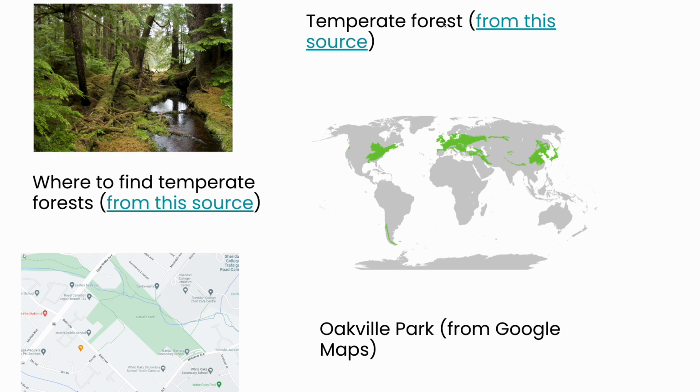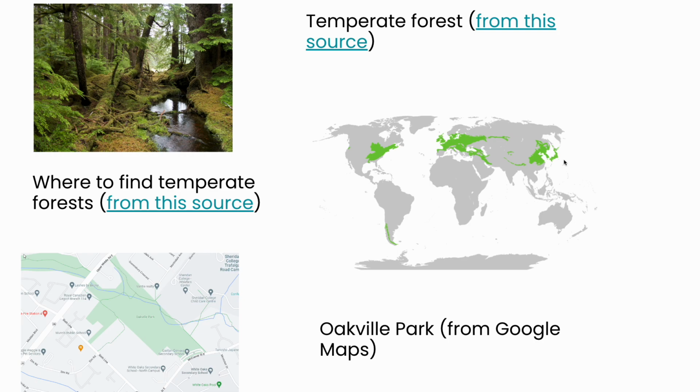And so biomes are actually classified based on these characteristics. You can find temperate forests in many different places around the world. That's what our second picture is showing us, where all of the temperate forests are found in green around the world.